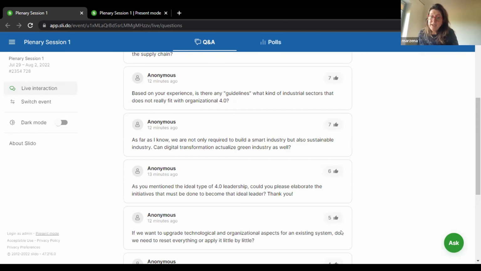Yeah, I'm definitely persuaded that smart means green, or should mean green, and it helps us to better understand the environment. But we have to be very careful with that.